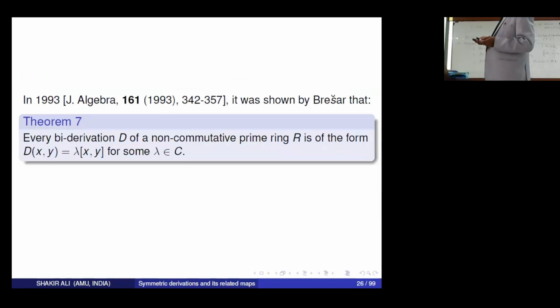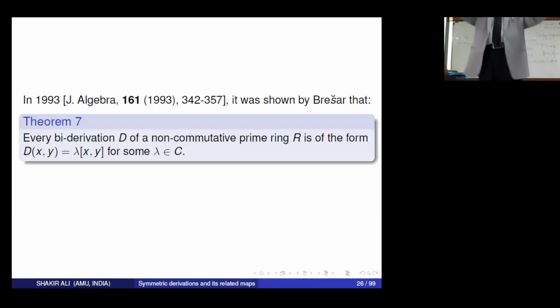Okay, then now, in the year 1993, Brešar characterized biderivations in a more general setting, and he proved every biderivation on a non-commutative prime ring.